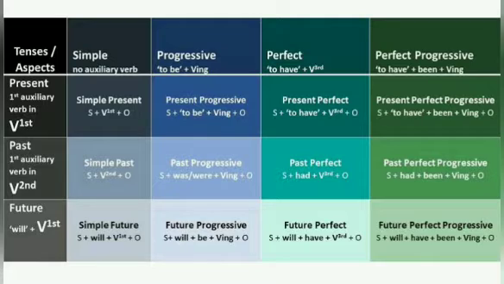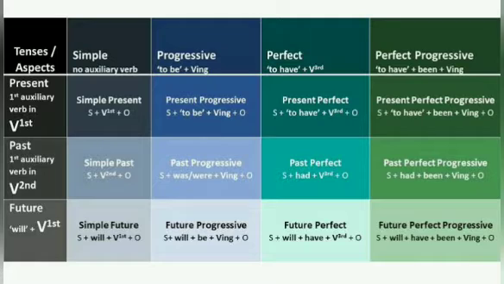For example, he drank 10 cups of coffee a day until last month. So it was his habit to drink 10 cups of coffee per day. So it's a past habit. So in order to describe past habits, we can use simple past tense.